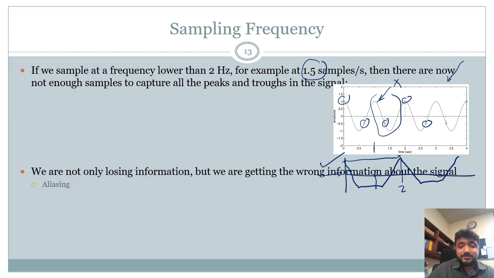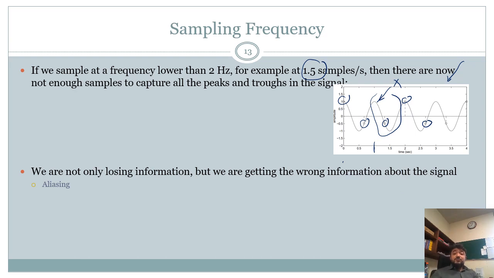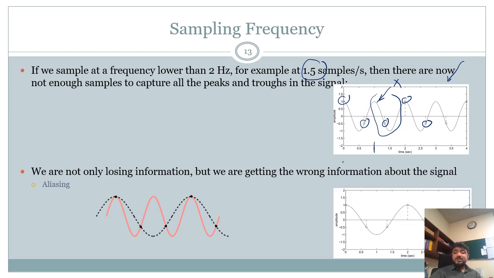All right. So here we are not only losing information, we are running into a phenomenon known as aliasing. We're getting wrong information about the signal. We are not getting the correct frequency information. We took fewer samples than were required to preserve all the frequencies, and when we combine them, we get a new wave with a different frequency.